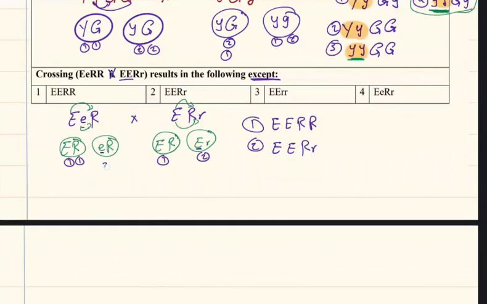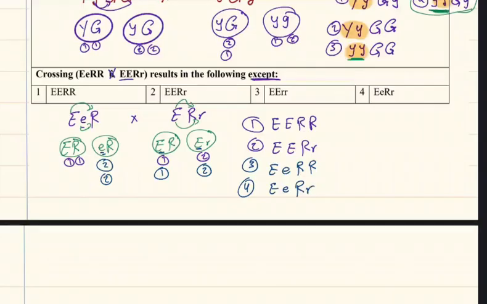Now let's see the second with the first. Always we put the capital before the small. So number 3 is going to be A capital, A small, R capital, R capital. Now let's see the second with the second. Number 4 is going to be A capital, A small, R capital, R small.